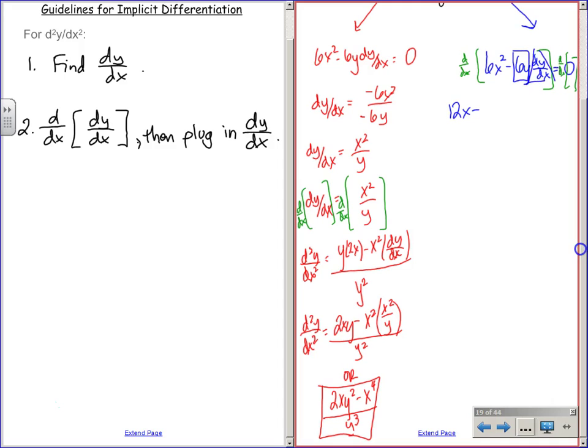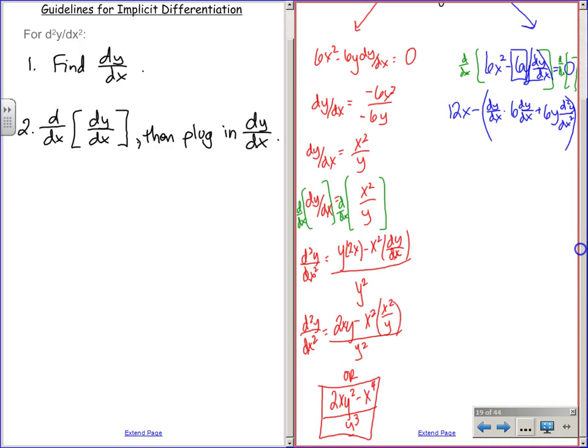If you did it this way, oh my goodness. Second d first plus first d second. I'm not saying it's necessarily easier, but it is another variation.